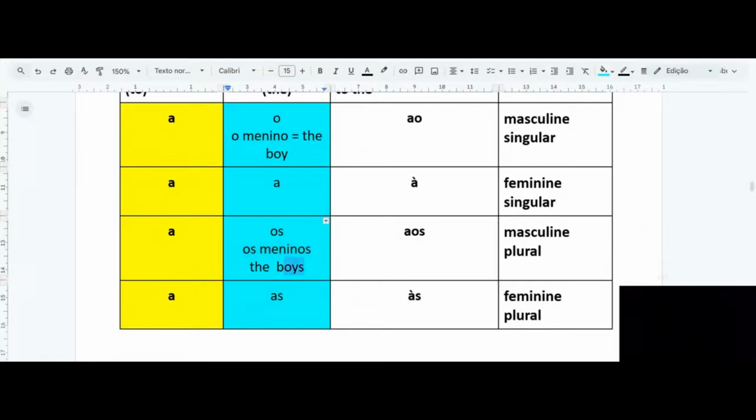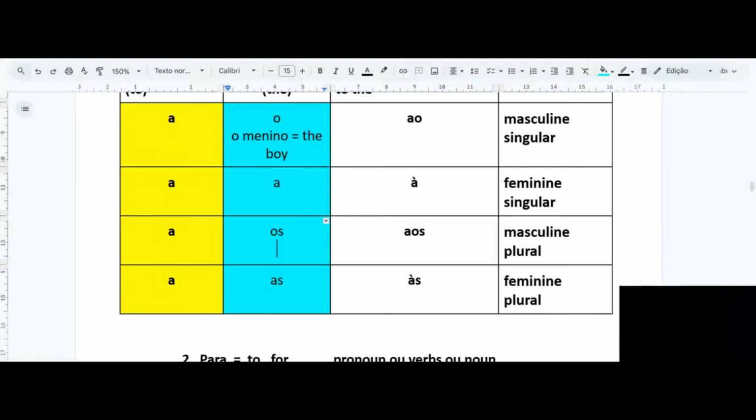So when they meet, let me eliminate them. When the "a" meets with the "os", as we can see, it becomes "aos". It means "to the", okay, in terms of plural. And the last one, "as". So the "as" is for feminine, the ladies. So when you want to say the girls, then it will be "as meninas", okay?